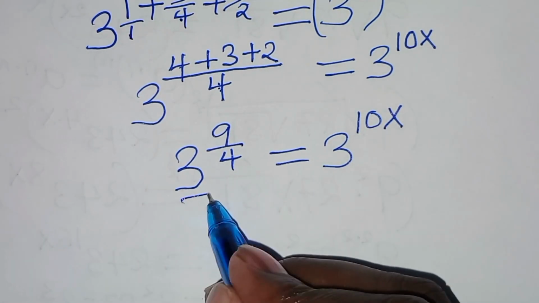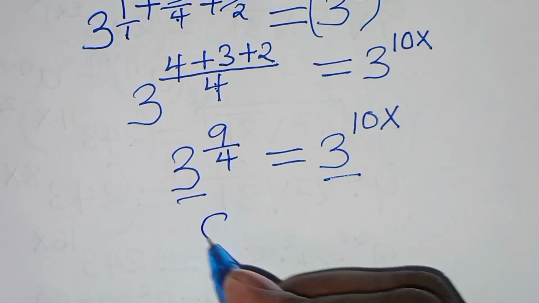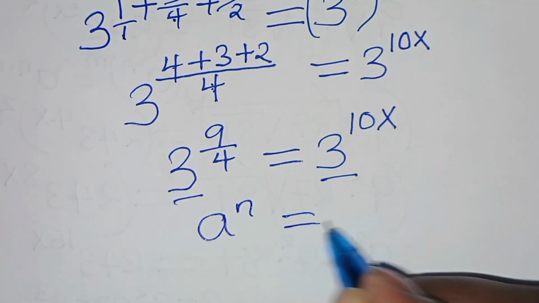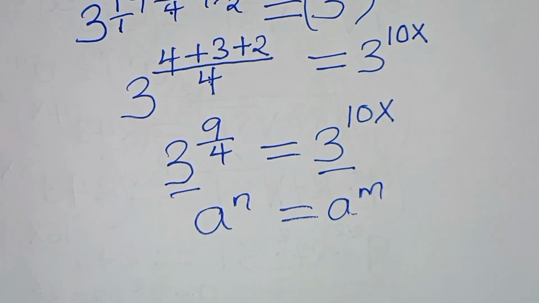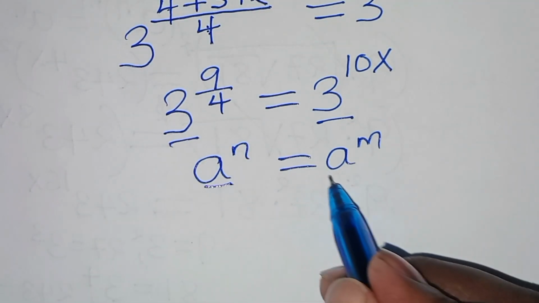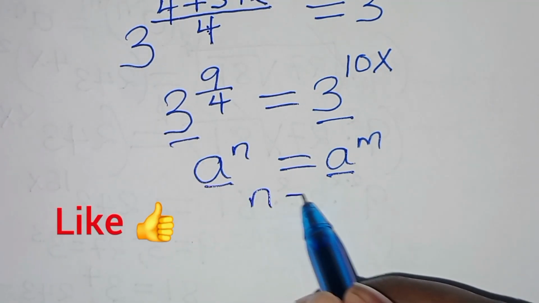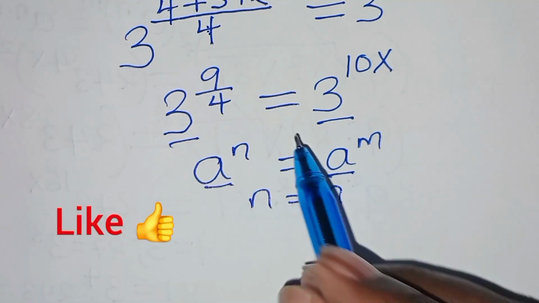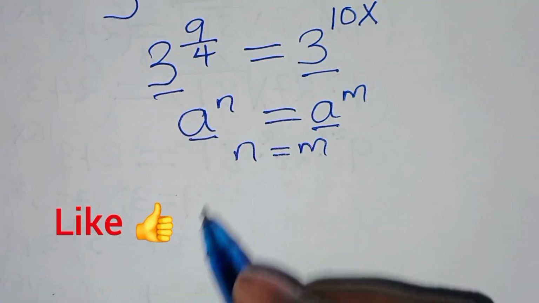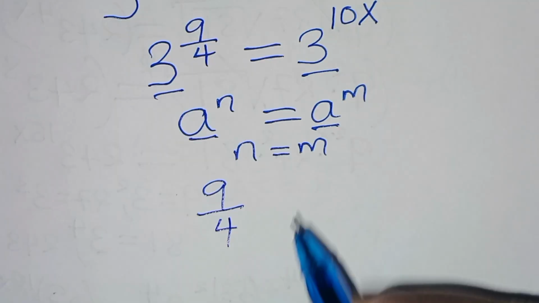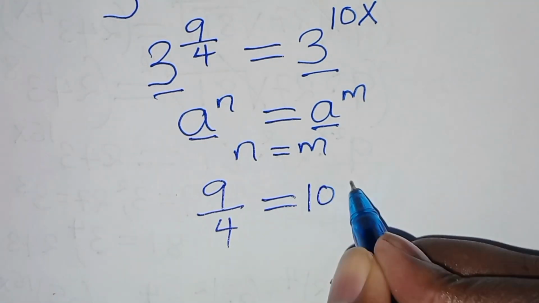Now this is equal to 3 raised to power 10x. Now since the bases are common here, that is a to power n equal to a to power m, we are saying that since the bases are common here, the exponent n is equal to m. And therefore 9 over 4 is equal to 10x.